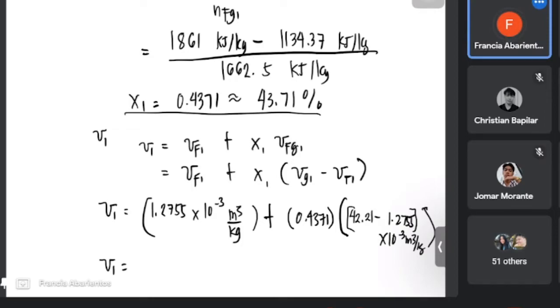Okay, yung iba, I'm waiting for the answer. Okay, so we have 19.168 times 10 to the negative 3 cubic meter per kilogram mass.